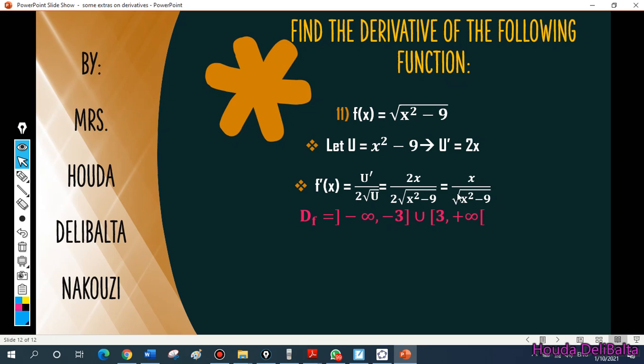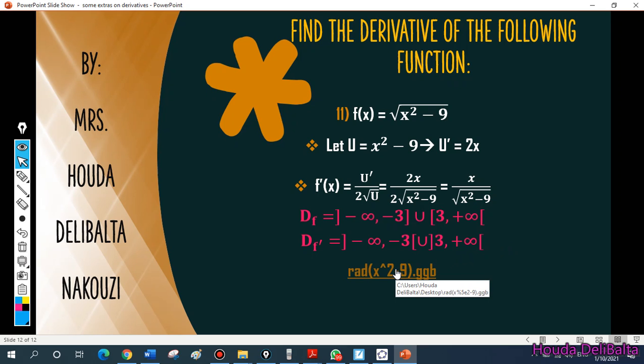Now notice that radical x squared minus 9 is in the denominator. So the domain of definition of f prime looks like that of f, but we have to open the intervals at the roots of x squared minus 9, and thus df prime is equal to the interval open at minus infinity, of course, till minus 3, union 3 to plus infinity, open at 3.